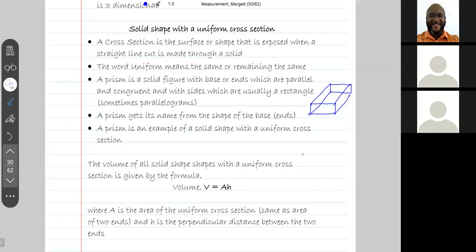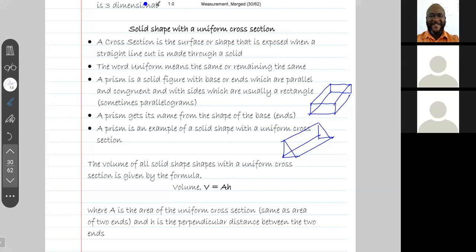It's not the only example. You can have a triangular prism as well. So this would be an example of a triangular prism. The ends are the same, meaning that I have identical triangles at both ends.